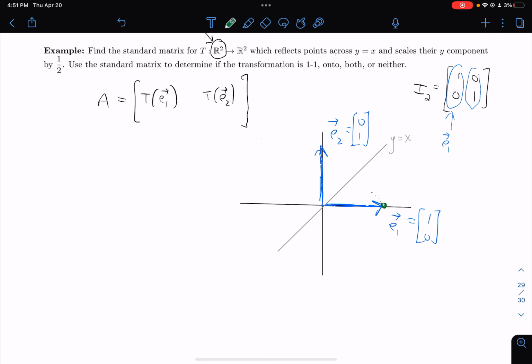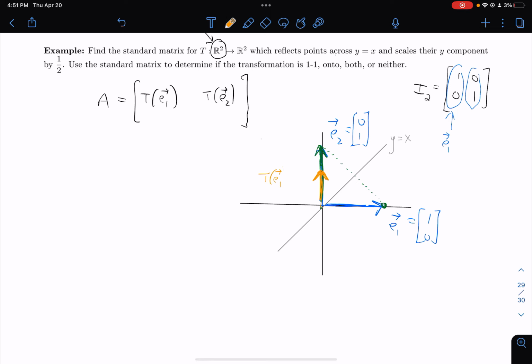So I reflect it perpendicularly across that diagonal line. It's going to end up here. It's going to end up being exactly the same as E2 actually. And then it says to scale the y component by 1/2. Multiply the y component by 1/2. So the y component of this vector is now 1. If I multiply that by 1/2, it becomes half as long. So that is my end result.